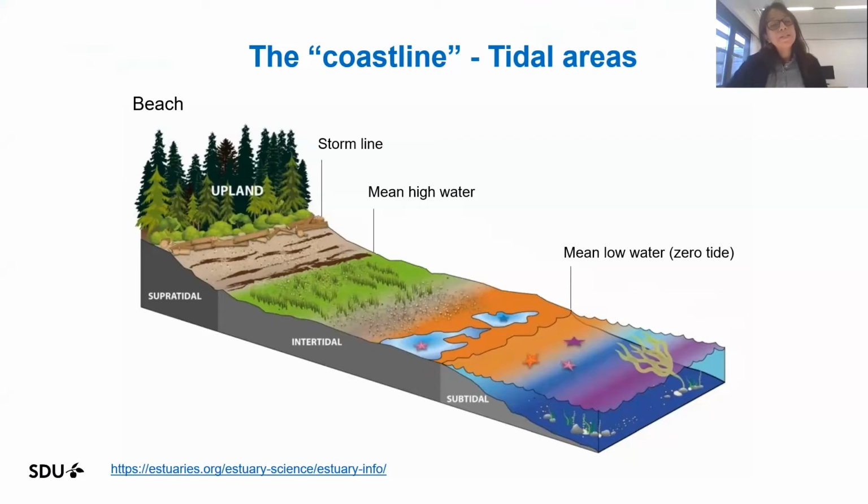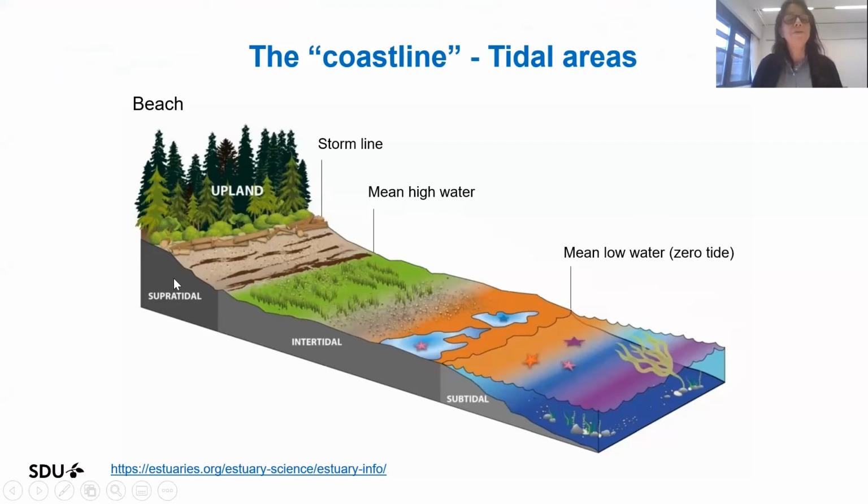So the coastline, the tidal areas. The coastline is not a line like we see on the map, right? It is a zone. And as you can see here in this scheme, these zones are called tidal areas.